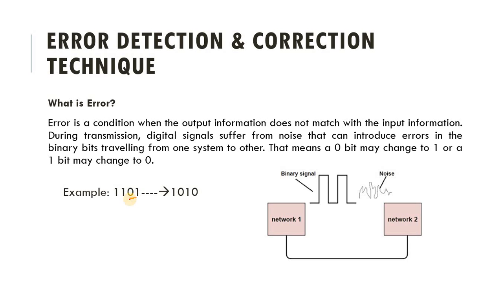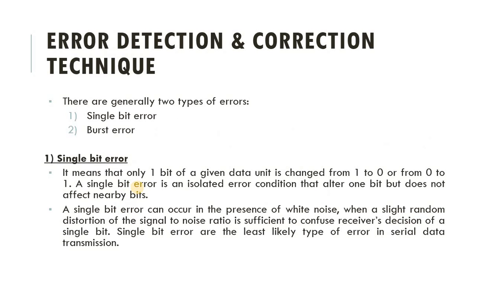Suppose this 0 becomes 1. So only one bit is changed from 0 to 1, and that is called a single bit error. The nearby bits, this one and this one, are not affected.